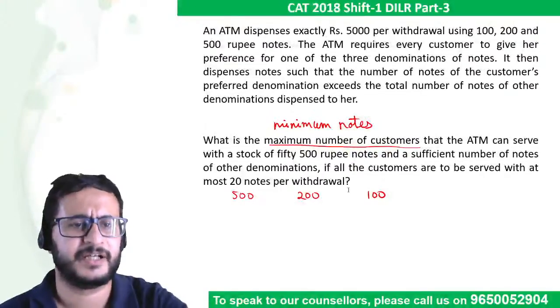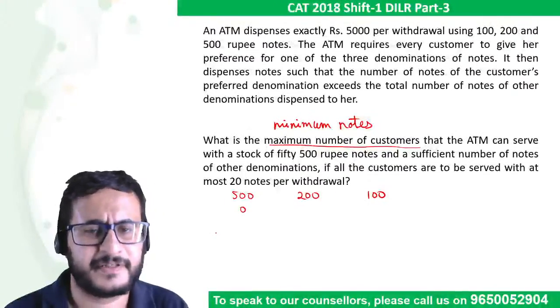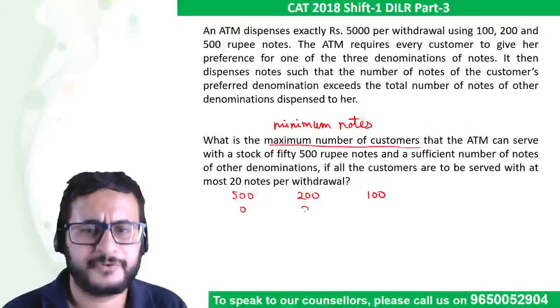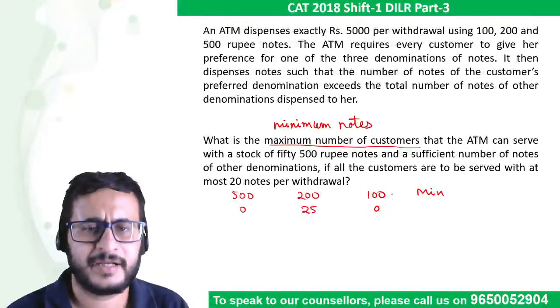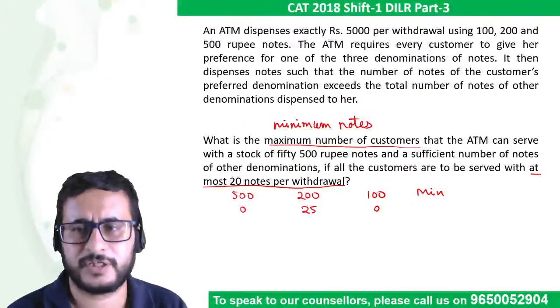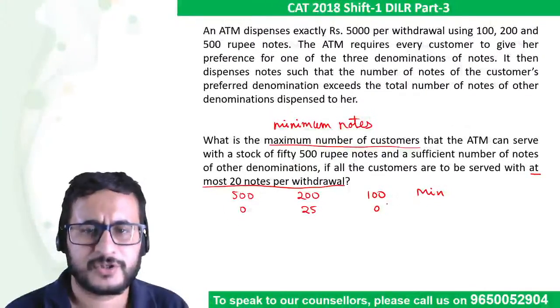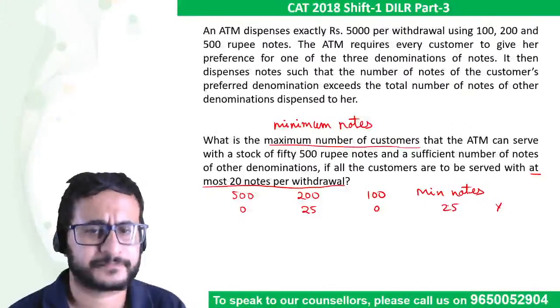Let me check that. Is it possible? If I give 520, I'll have to give minimum 25 notes, even if I minimize the number of notes, and it has to be at most 20 notes per withdrawal. So minimum notes are 25, which is not possible.